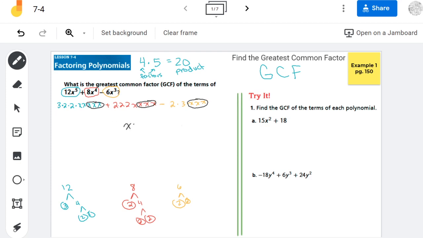So I know that I have x, x, and x out of this. Now if I look at the numbers, this one has a 3, this one has a 3, but the red set doesn't have 3's. But they all have a 2 in them. So in this case, now I multiply all this back together and I get 2x cubed. So 2x cubed is the greatest common factor that I can pull out of all of these.